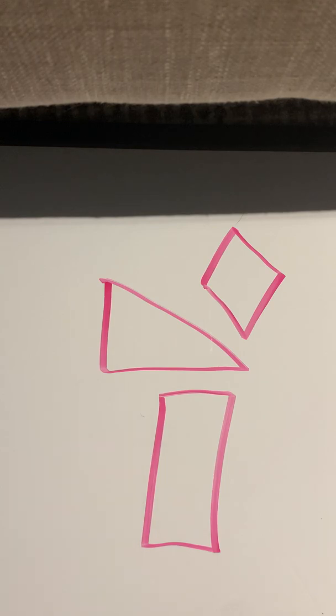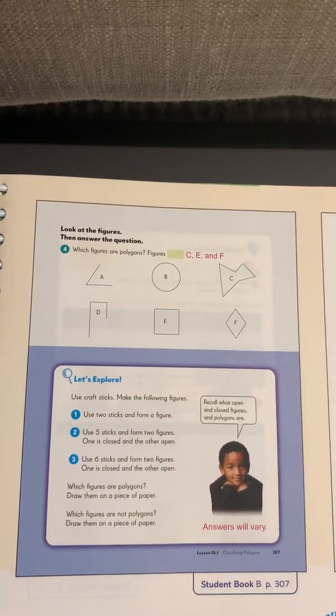Okay? So let's go ahead and take a look at some different figures on page 307. It's going to look like this in your textbook. At the very top of your page, it says, look at the figures and then answer the questions. Which figures are polygons?